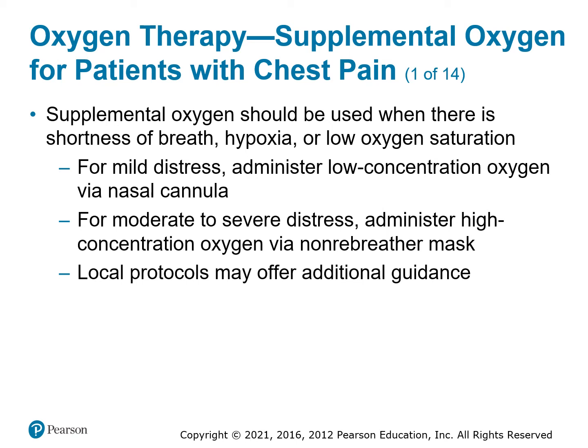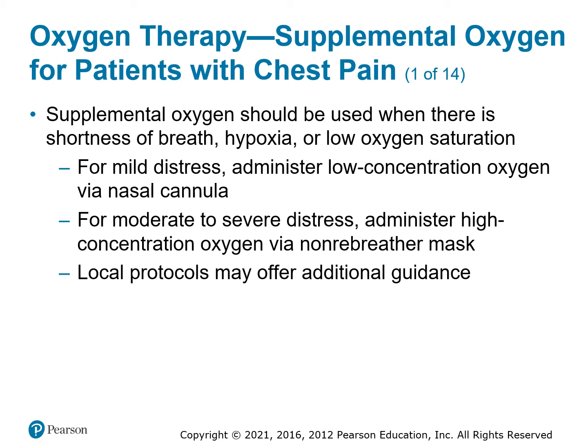So for mild distress, we want to supply a lower concentration of oxygen, and this is usually with a nasal cannula. A nasal cannula is easy to use. We can deliver between 1 and 6 liters per minute of oxygen, and this supplies between 24 and 44% concentration. Remember, room air is 21%, so we're just giving them a little bit.